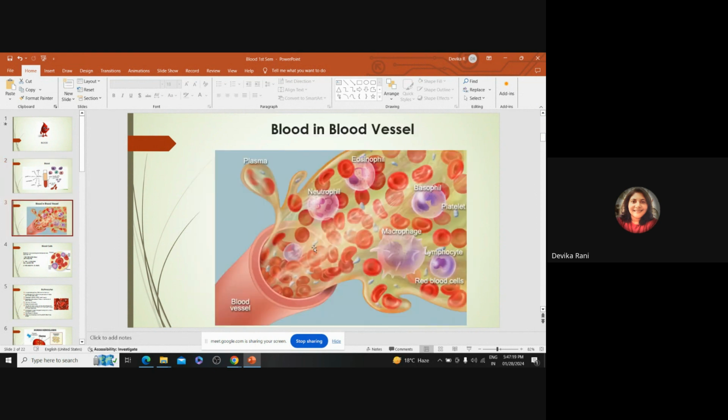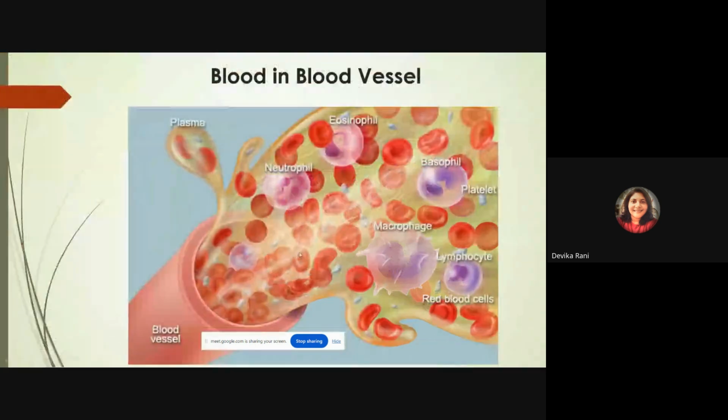And if I show it to you here, this is the plasma and it contains the various cells suspended in it.